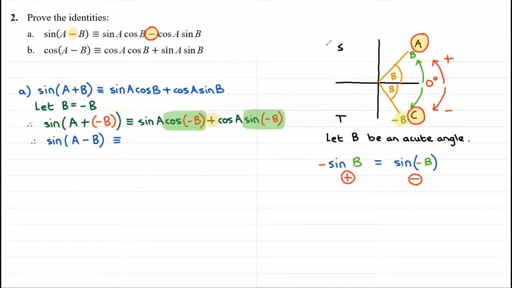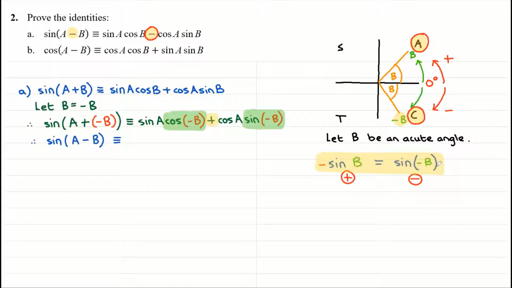So this is a true statement now. Let's highlight it perhaps. We tend to do a lot of highlighting in these videos, but it does look nice, doesn't it? Okay, so that's my first result. So we now know that the sine of negative B is equal to the negative sine of B.